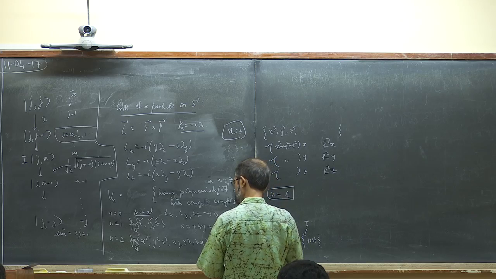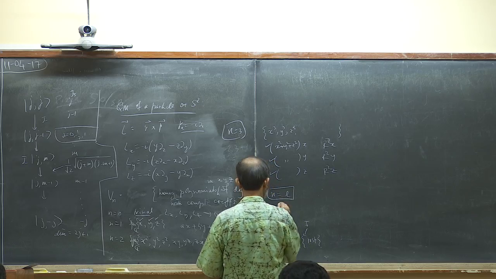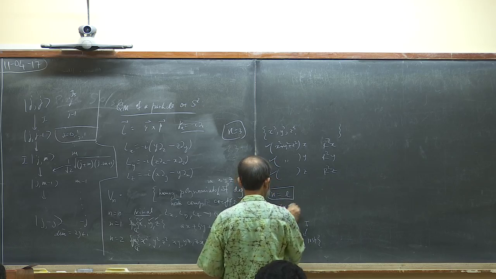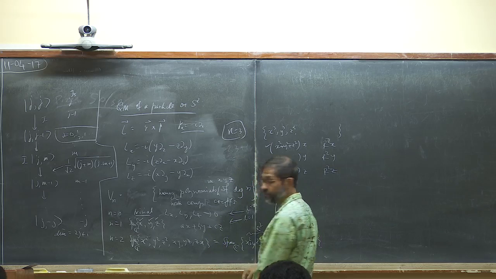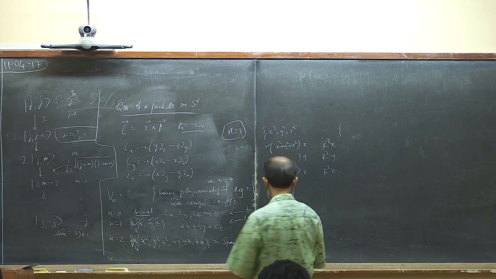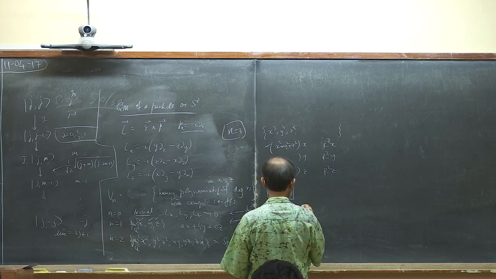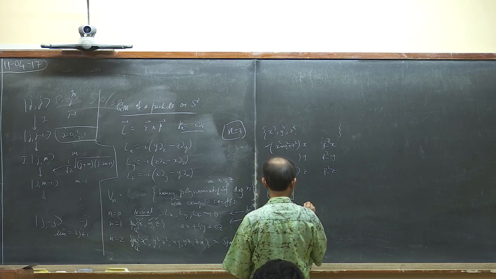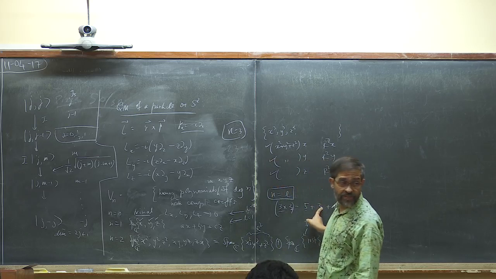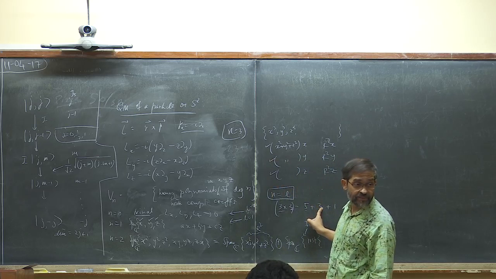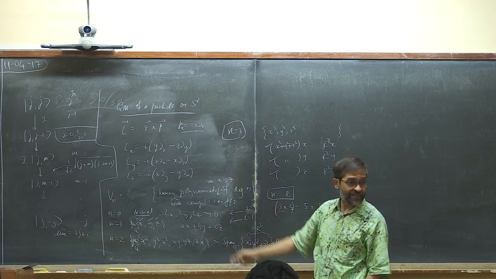So spin 1 times spin 1 would have been 5 plus 3 plus 1. But this 3 appears only if you take antisymmetric combinations. Here there is only one particle.